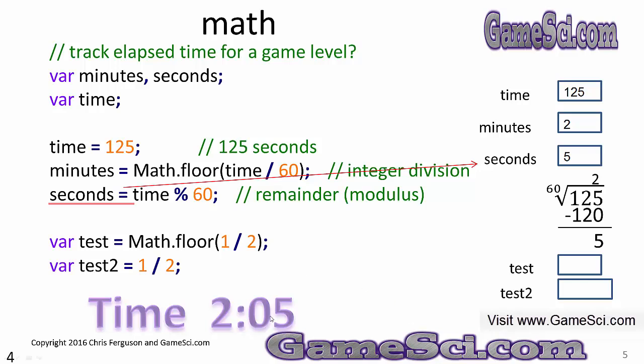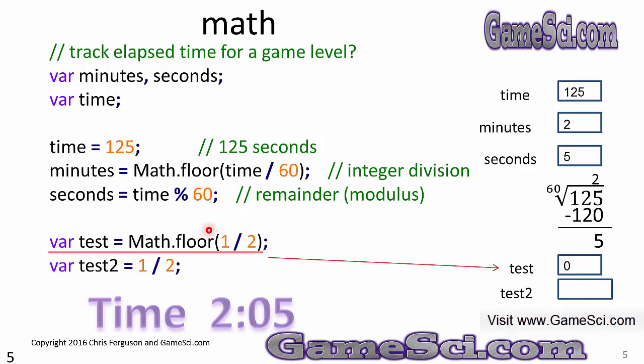Just to make this a little clearer, I did a very, very simple hard-coded example so you can see how math.floor works. 1 divided by 2 in JavaScript is 0.5. 1 divided by 2 will always produce a fractional result, or 0.5. Why doesn't it store 0.5 in the test variable?